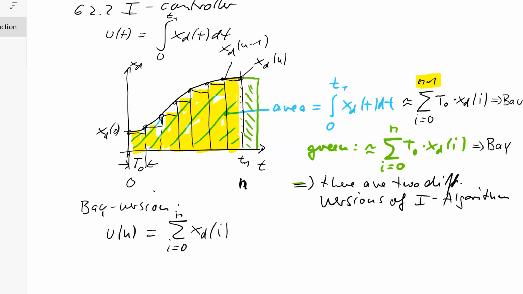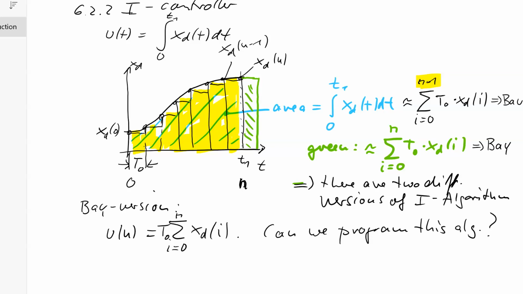Of course, this sampling time can be extracted out of the sum because the sampling time is in all rectangles the same value. We can extract it out of the sum and get finally this equation. Can we program this algorithm?